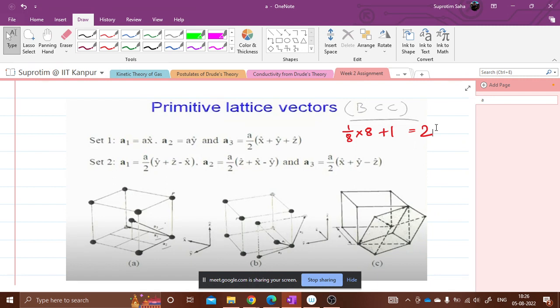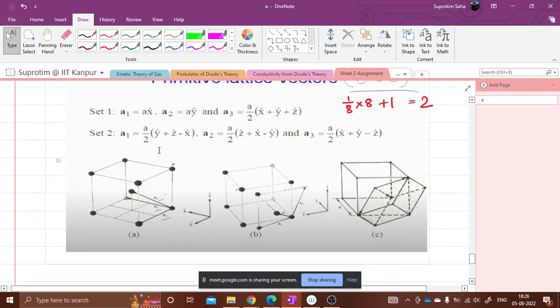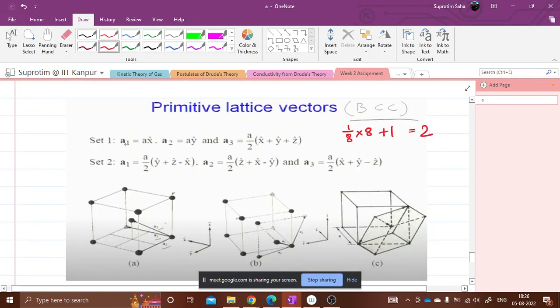But like we saw for the face-centered cubic, a primitive unit cell can also be constructed out of the non-primitive unit cell. Such a thing can also be done for a body-centered cubic unit cell. Just from the lecture, I will quote. You can construct A1, which is a times x cap. So along this direction you go the whole lattice length of the unit cell, a.